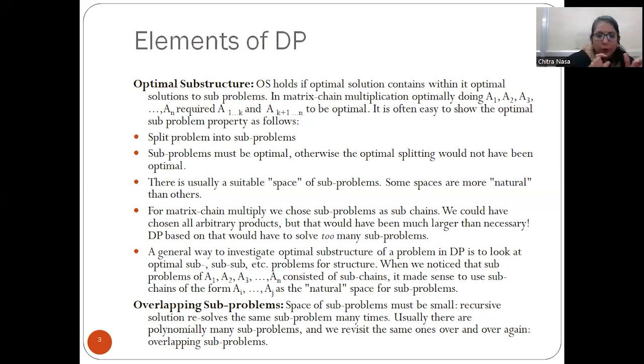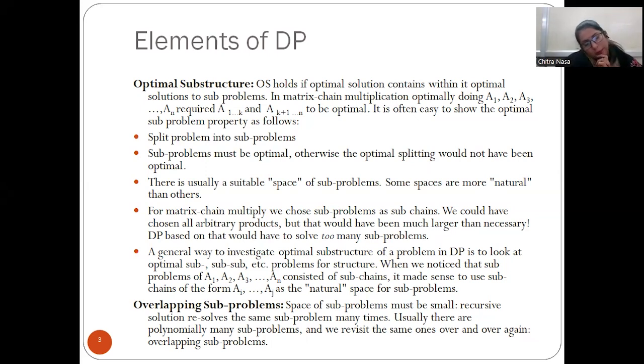That's why the name is optimal substructure. If we get the optimal value at the lowest structure, then we will get it for the global structure, the main problem structure, also. Substructure means the subproblem. If you get the optimal value for the subproblems, then you will get it for the final value as well. And the other element is overlapping subproblems.